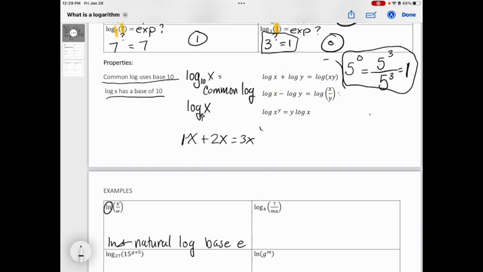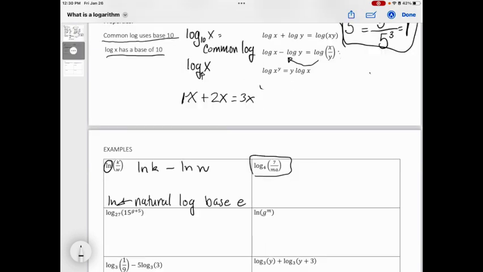And if you have the one log and inside the parentheses you have something divided by something else, you can rewrite it using subtraction with individual logs. So whatever's on the top goes first and whatever's on the bottom goes second. So I would write this as the natural log of k minus the natural log of w.